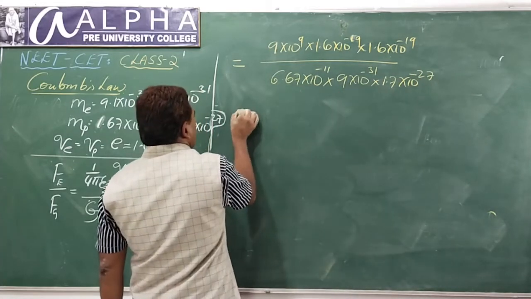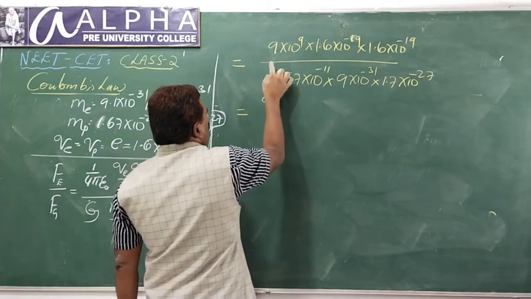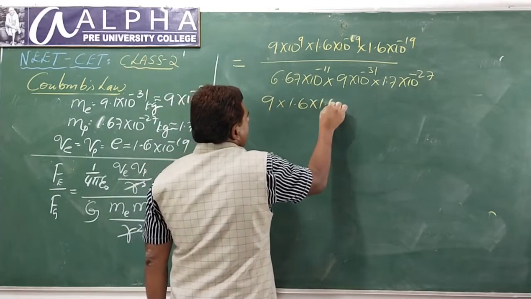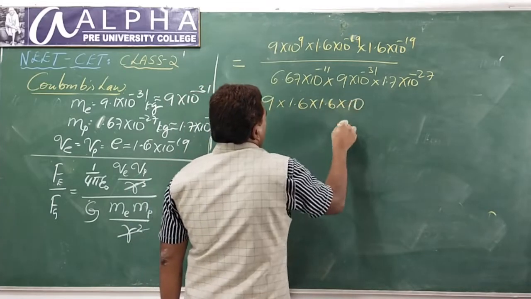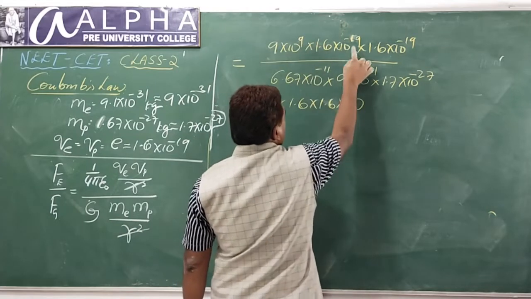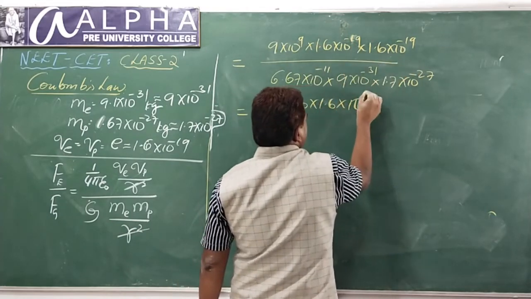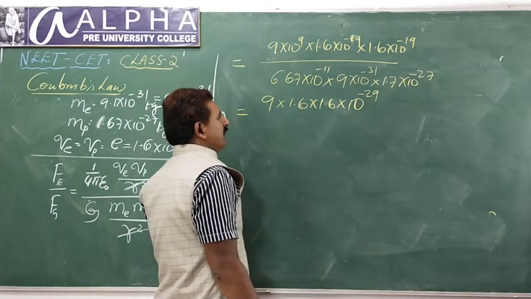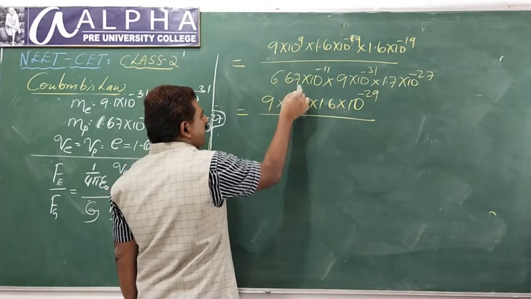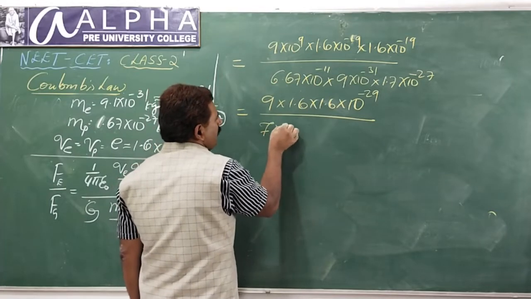Now since you are approximating the value, I write 9 into 1.6 into 1.6 into 10 to the power minus 19 plus 9 minus 19, divided by this. Anyway you are approximating, that's why 6.67 nearly 7 into 9.